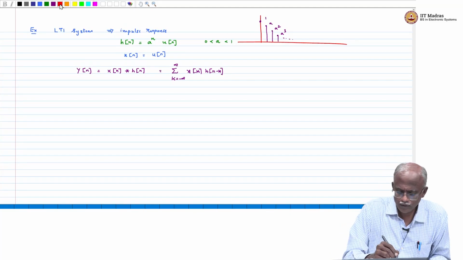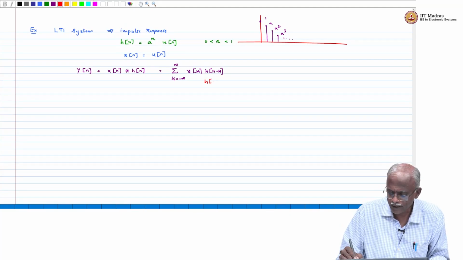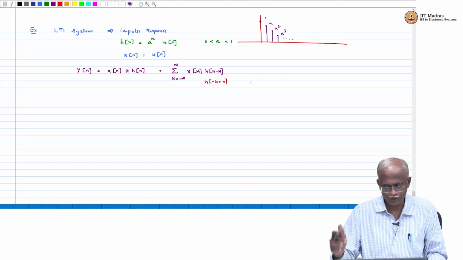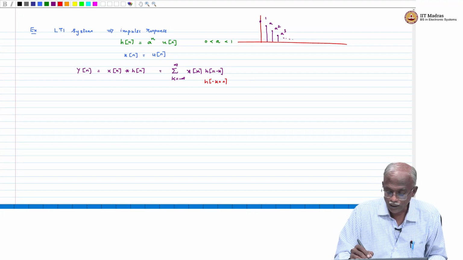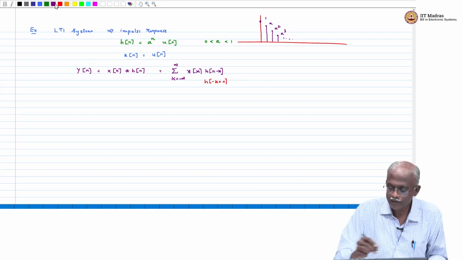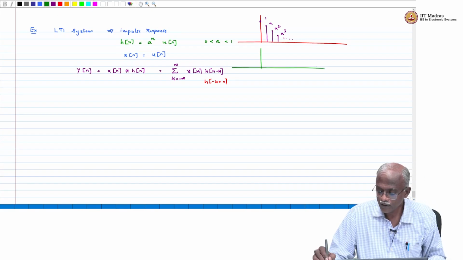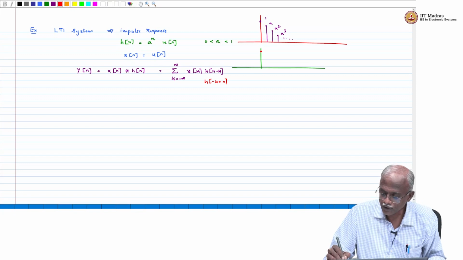Okay, and it is helpful if you want to do it as h of minus k plus n. Okay, you can think of it as plus 1. All right. So, u of n, you know what it is, unit sample starting at time n equal to 0, all these values are equal to 1.